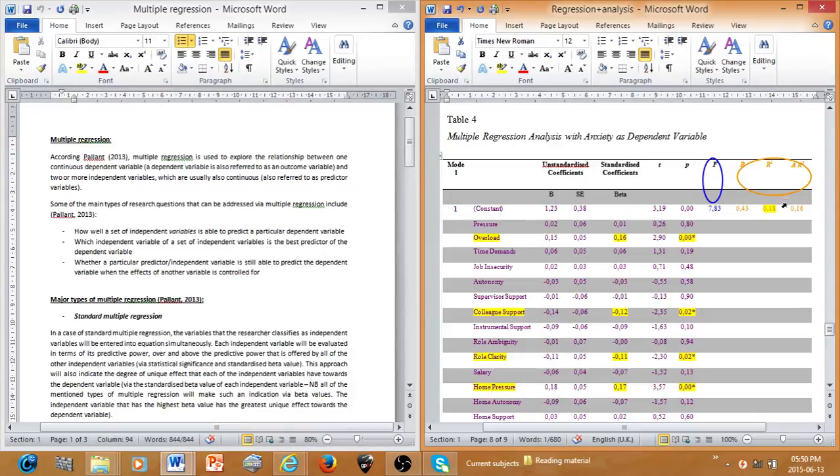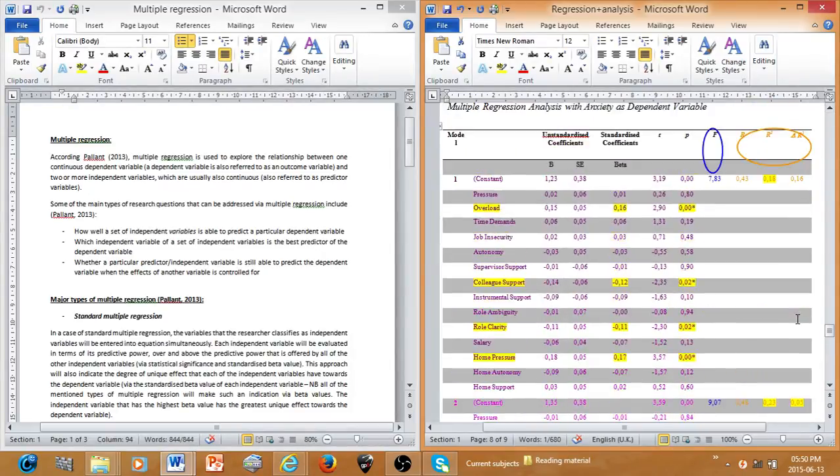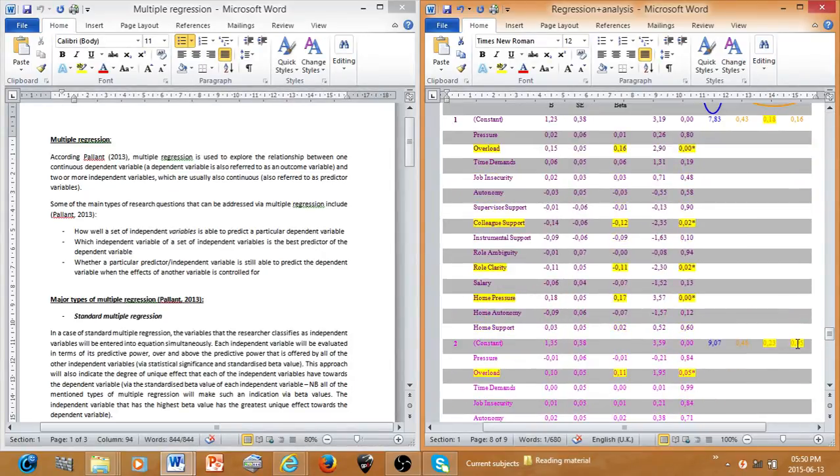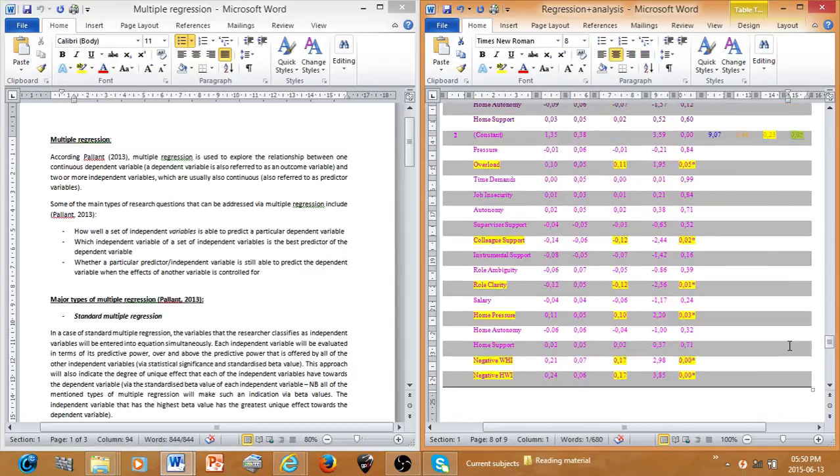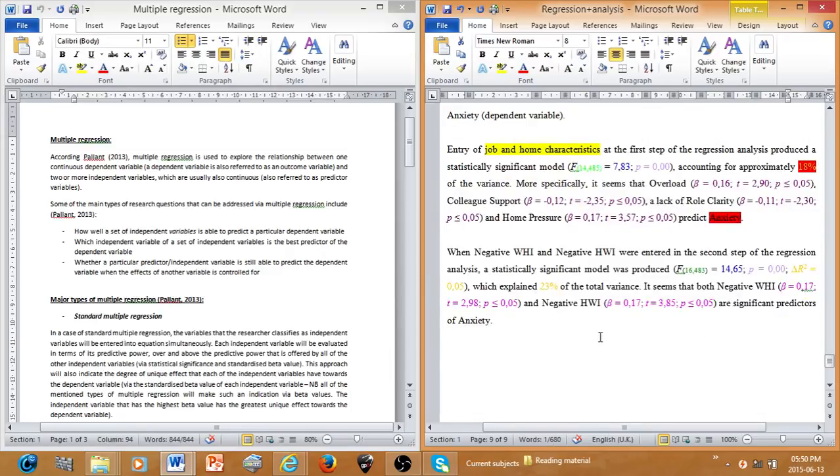So the R-squared change in the second step equals 0.05. Therefore, the second model can explain an additional 5% of the variance in anxiety. So let's see how they phrase that.